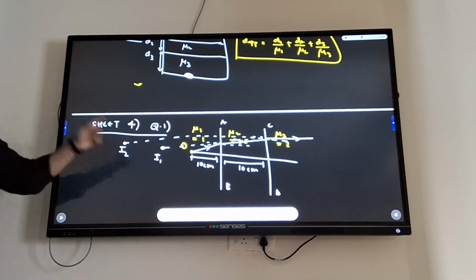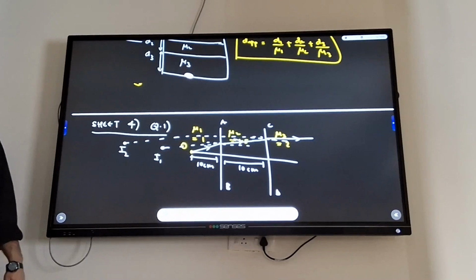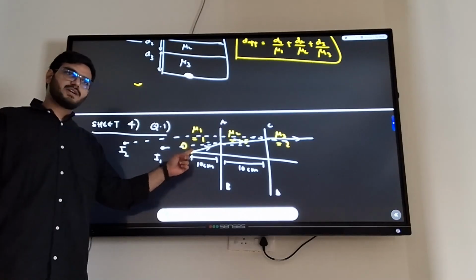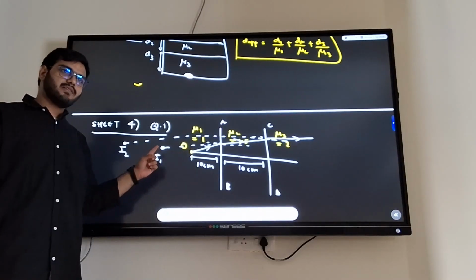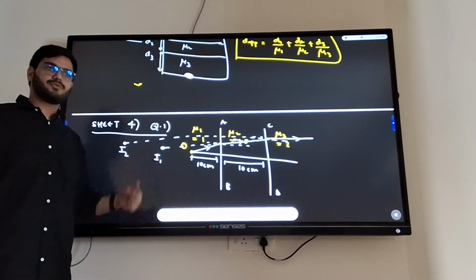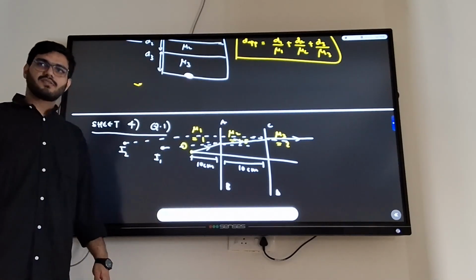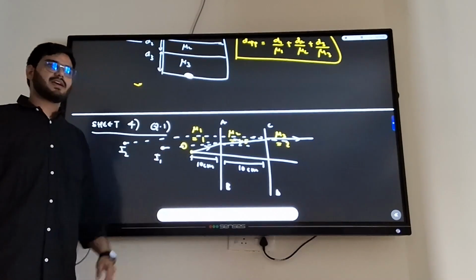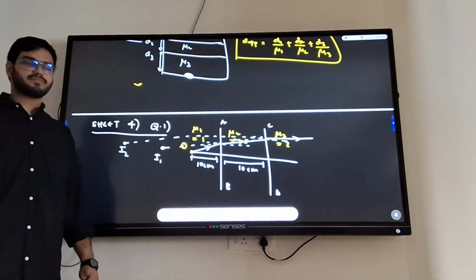For that, I1 will act like a virtual object. O will act like a real object and create a virtual image I1. That I1 will act like a virtual object and create a real image I2. So first I have to find the position of I1, and then I will be able to do the questions.